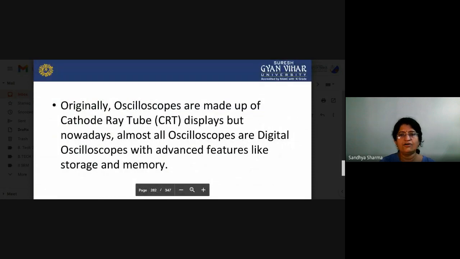Originally oscilloscopes were made with a CRT display, but most oscilloscopes are now digital with advanced features like storage and memory. So in this type of digital CRO, there is an option to store our data.